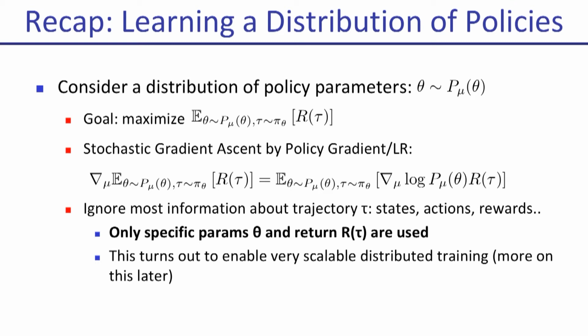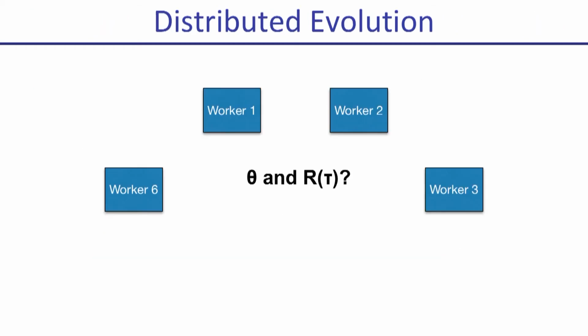The only things required by this gradient formula are really just the specific parameter and the return, as these two terms here. So basically each worker samples one parameter, and then it rolls out that parameter to get one return. So this is one possibility: each worker communicates its parameter and the return obtained by that parameter.